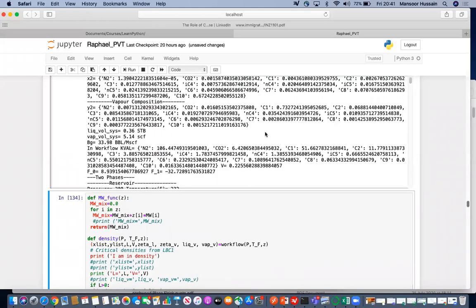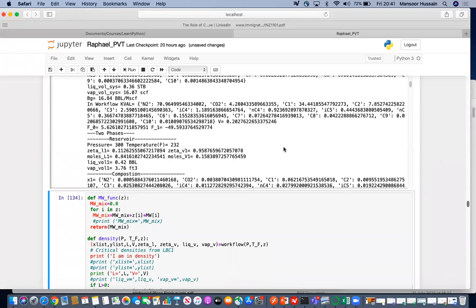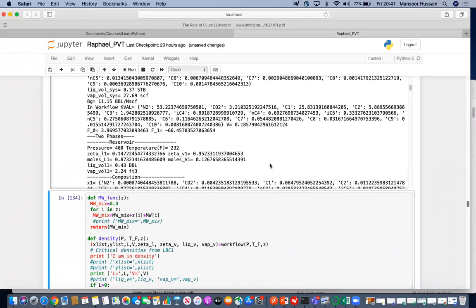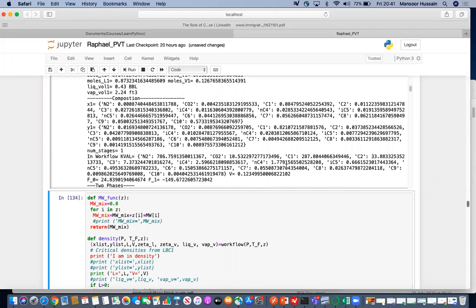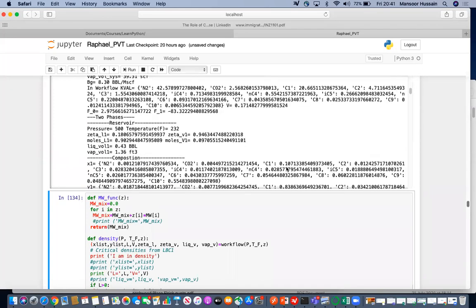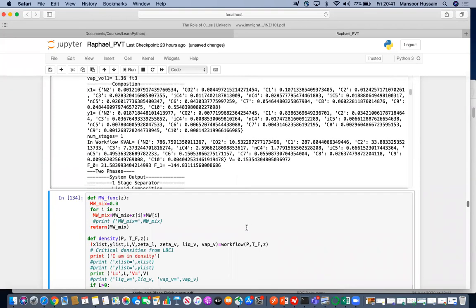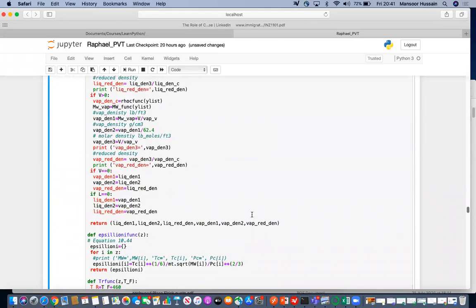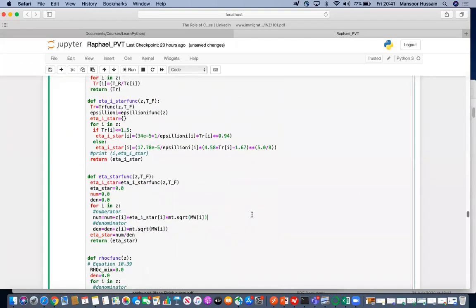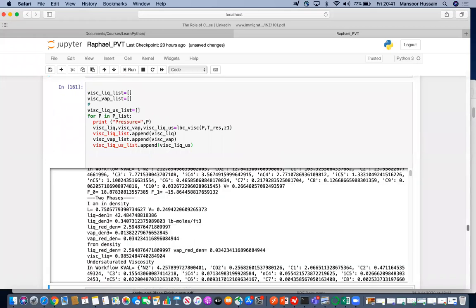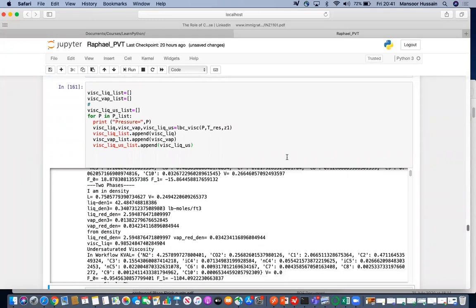Okay, now this is the main function that has been run. It's giving you the compositions at each stage and the volumes at each stage. I just need to make sure that it comes out more neatly in the next version. And these are for calculation of viscosity. So now that function has been run.